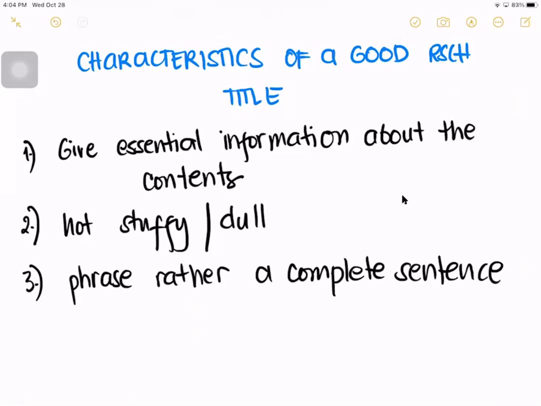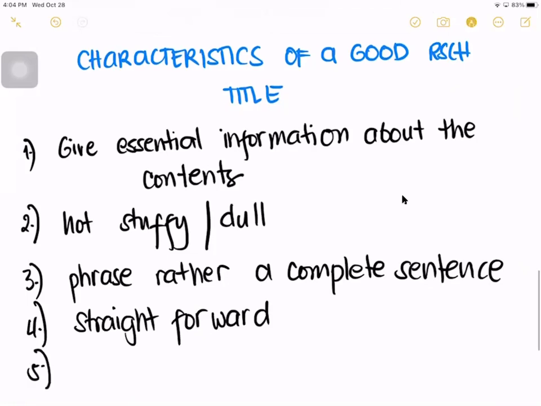Also, aside from that, we need to create a title that is straightforward. It should not be running around the bush or trying to make your title complicated. And because it's a phrase, our last guideline is that we don't use any punctuation.